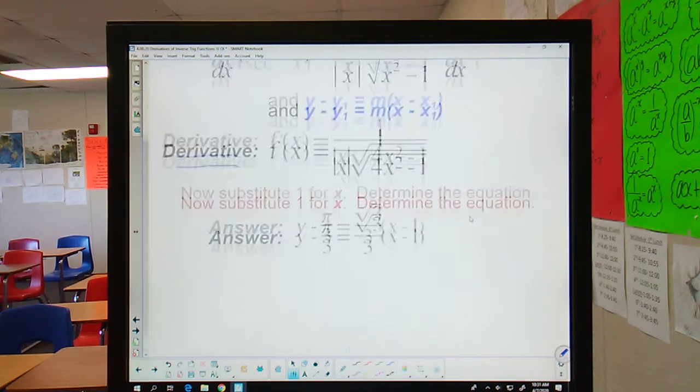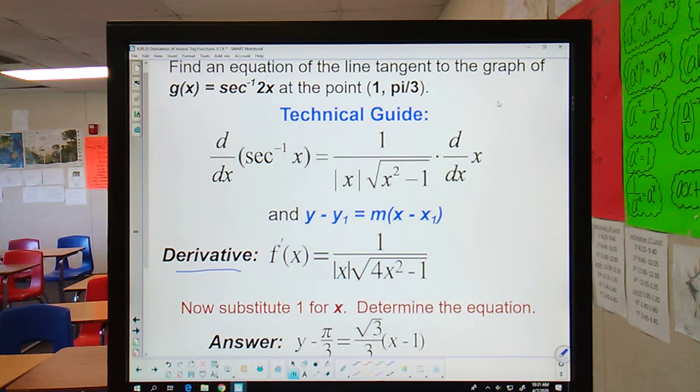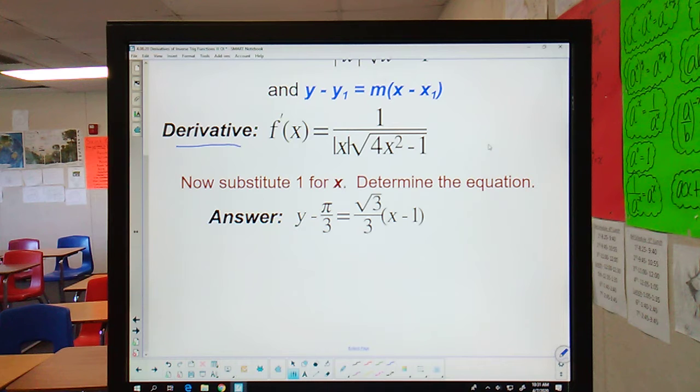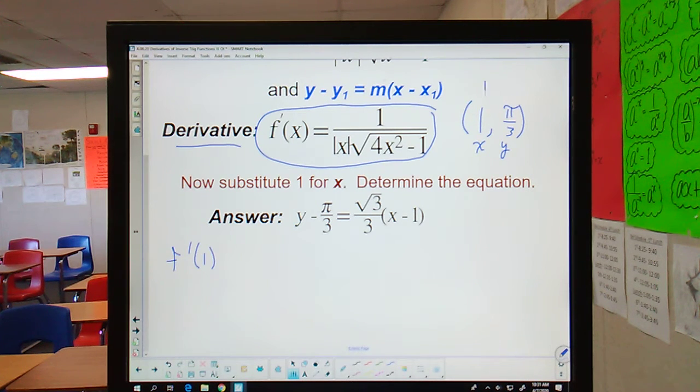The question was saying, at 1 and pi over 3, find an equation of the line that cuts through that x and y point. Well, what does the derivative calculate for you? The slope. So we want f prime of 1, because x is 1.